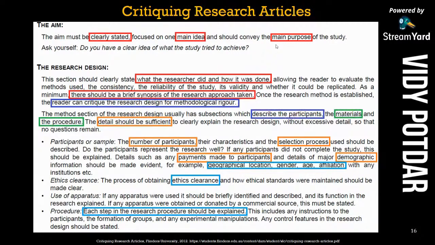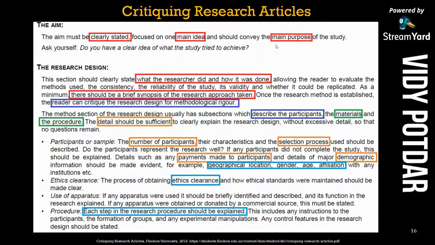The methods section of the research design usually has a subsection where you describe how many participants were there in the research, what materials did you use, how were the participants selected, was there any payment that was made to these participants to participate in the research, what was their demographic, what was their gender, age, affiliation, and so on. A lot of this information has to be mentioned in the study.